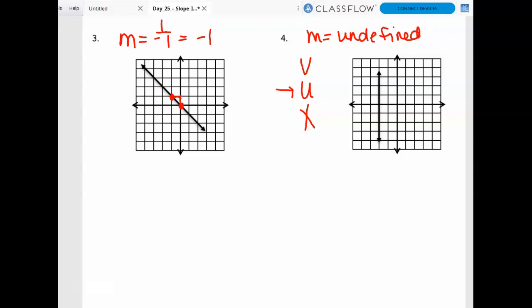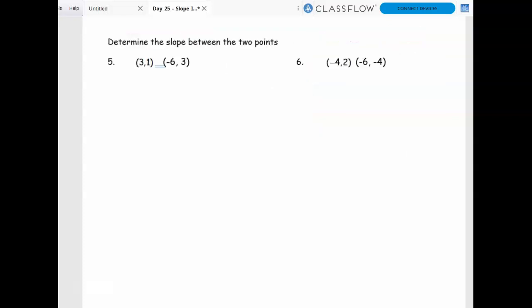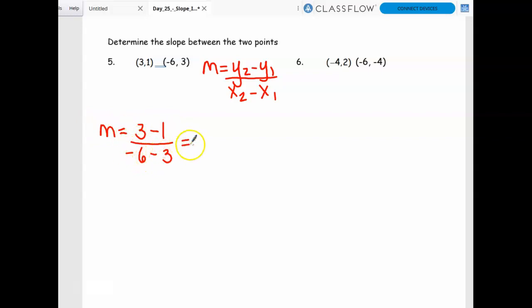Then we moved on to determine the slope between 2 points using the formula. The formula we used was the change in y, y2 minus y1, divided by x2 minus x1. For number 5, we plug in the values: 3 minus 1 divided by negative 6 minus 3. 3 minus 1 is 2, negative 6 minus 3 is negative 9, so we end up with a slope of negative 2/9.